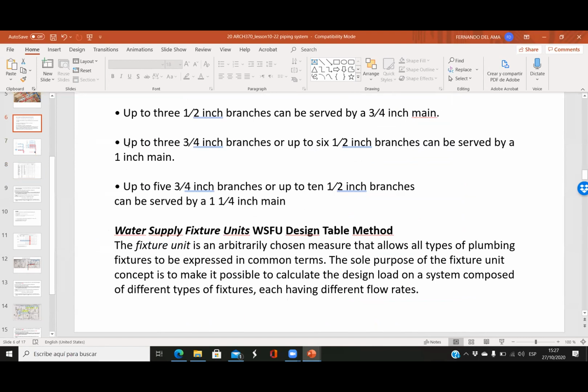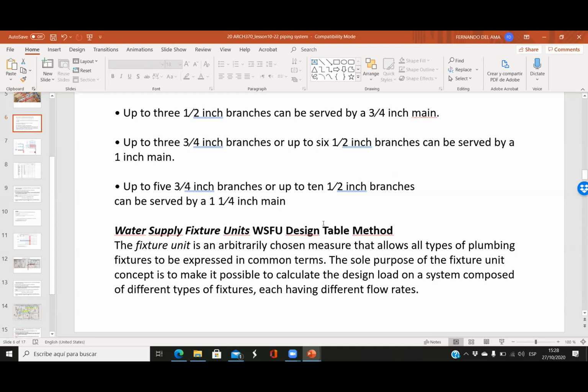Up to 6 1/2 inch branches can be served by a 1 inch main. And up to 5 3/4 or up to 10 half inch branches can be served by a 1 1/4 inch main. So this is the rule of thumb.